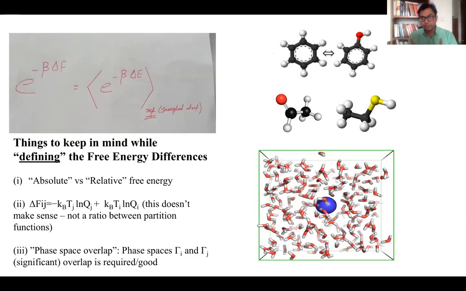Then you assume that benzene is now converted into phenol. You do not change any coordinates, you just take the same simulation, except that now you are calculating the energies assuming that the benzene has become a phenol.